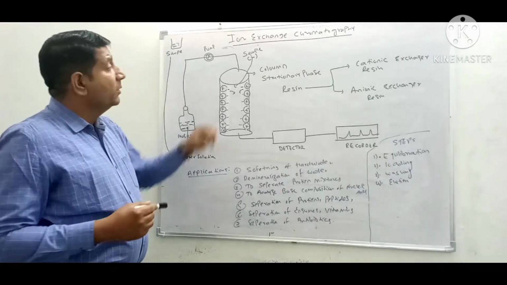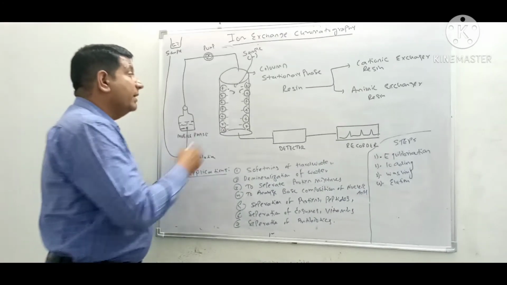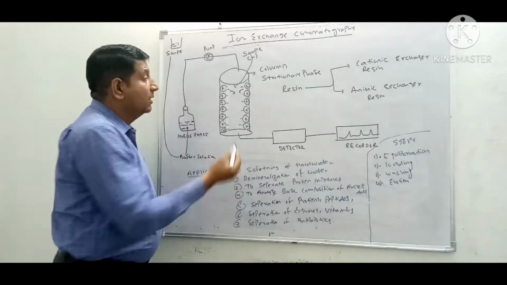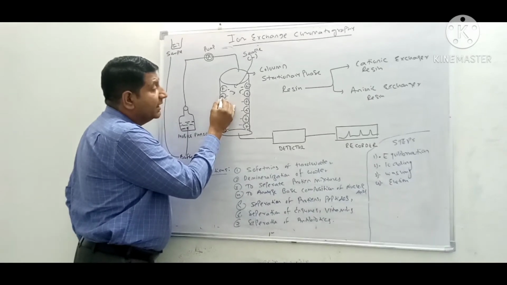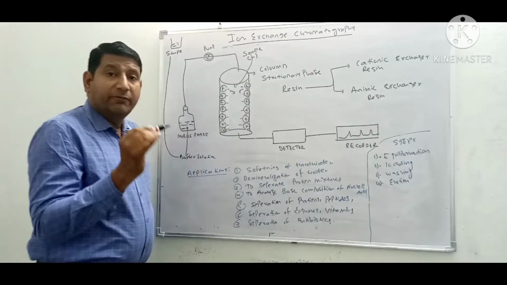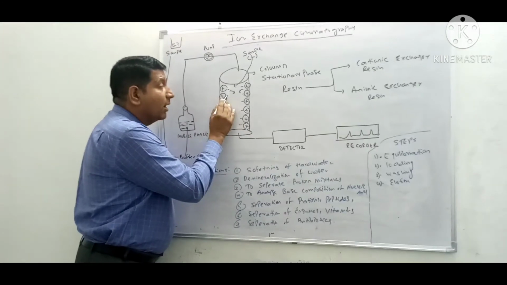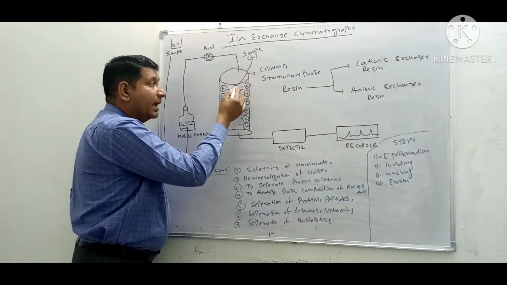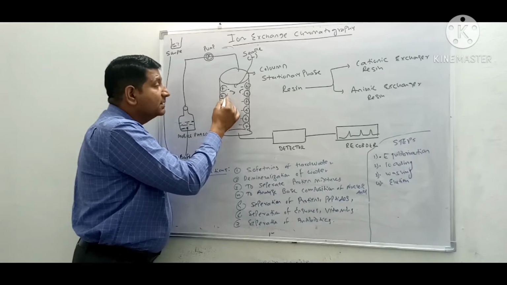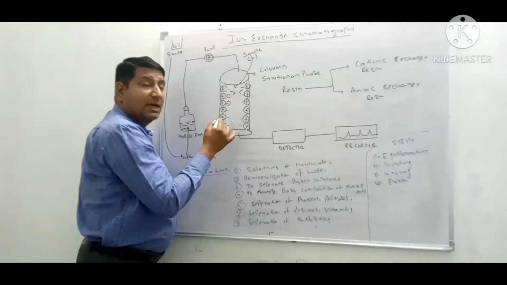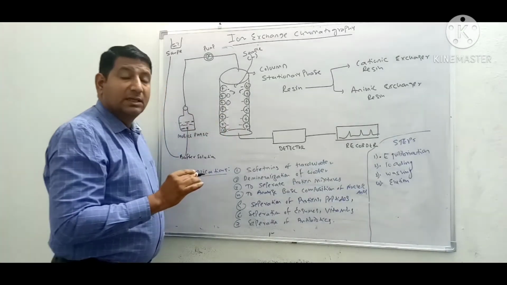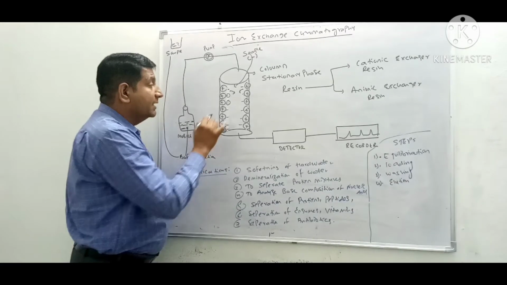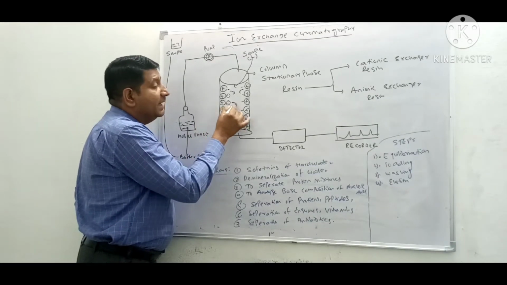If the sample is protein, it is negatively charged, so we have to take an anion exchange resin. Anion exchange resins are those which contain fixed cations and negative counter ions. The samples enter the column, and since they are negatively charged, they are attracted by the positively charged ions present in the resin, and they displace the counter ions.